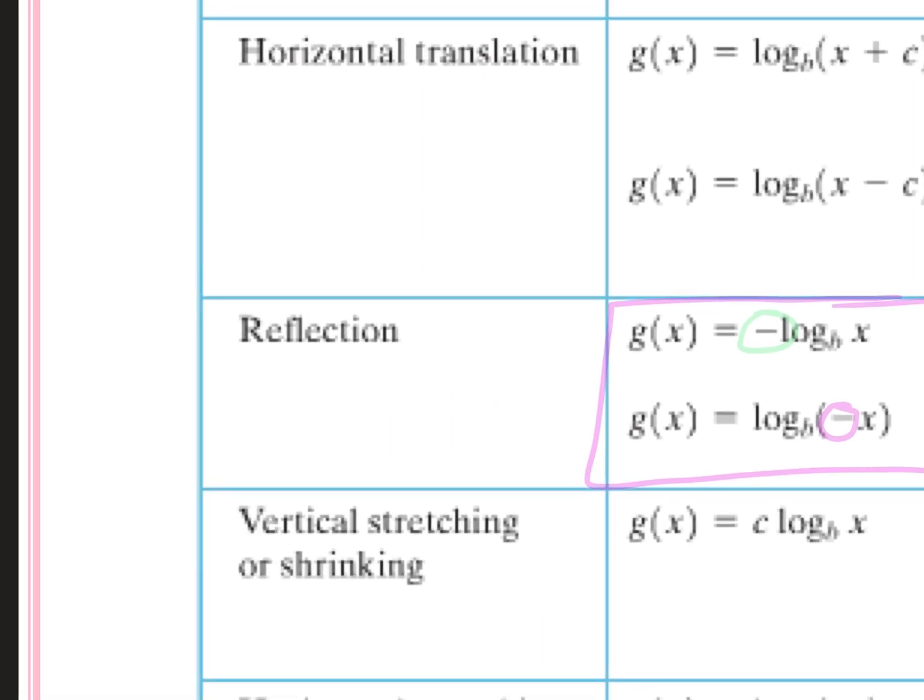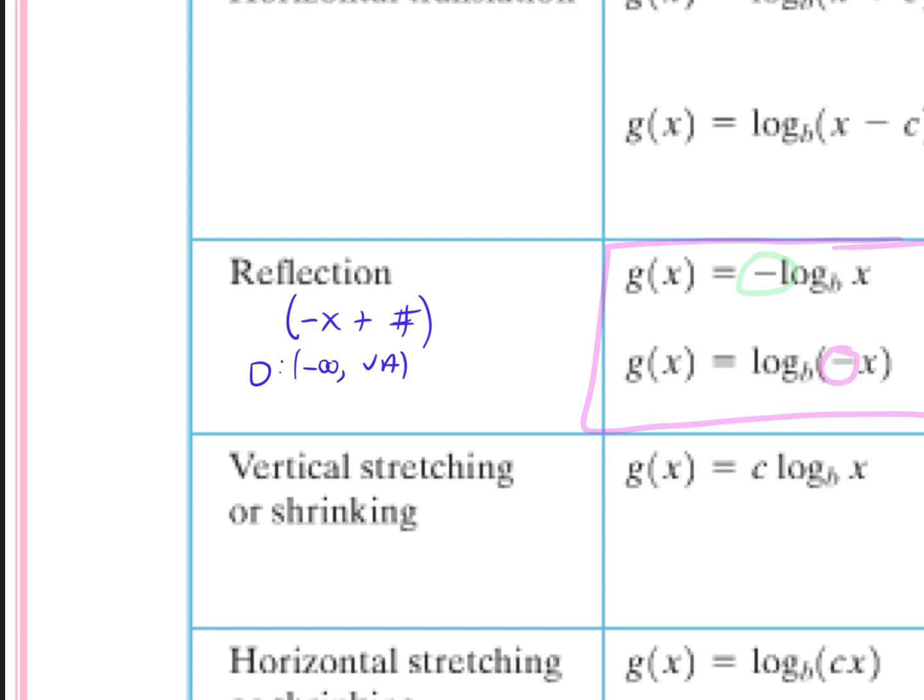If you have a negative, say I have negative x plus whatever, a number. It's going to flip it from one side to the other. So your domain in this case would be negative infinity to your vertical asymptote.